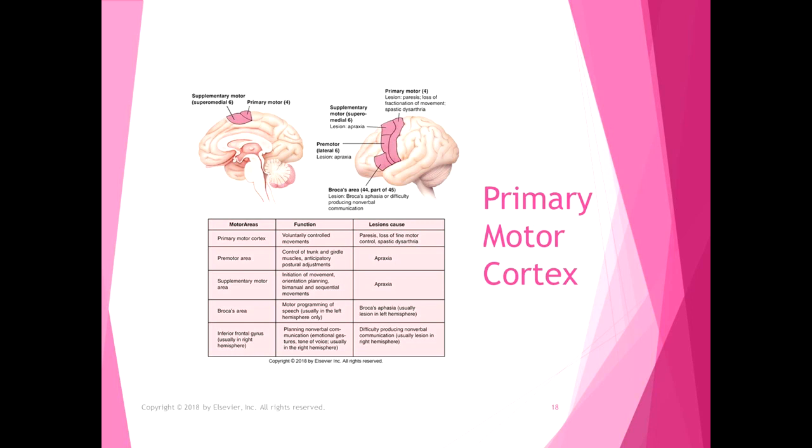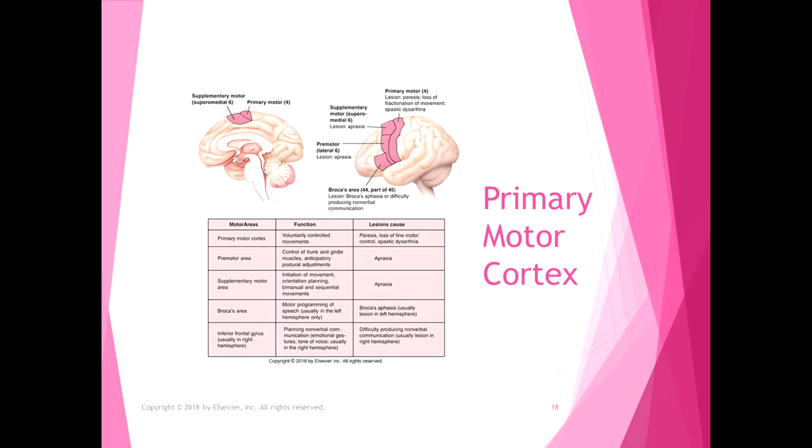The anterior frontal gyrus of the primary motor cortex is usually in the right hemisphere, and it's in the analogous location to Broca's area. So Broca's is on the left, and the anterior frontal gyrus on the right plans nonverbal communication, emotional gestures, tone of voice, and it's, again, usually in the right hemisphere. So if you have a lesion there, you have difficulty producing nonverbal communication.